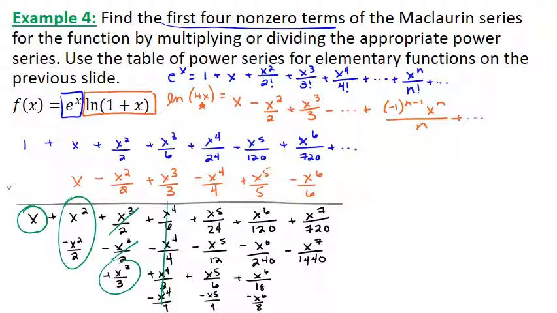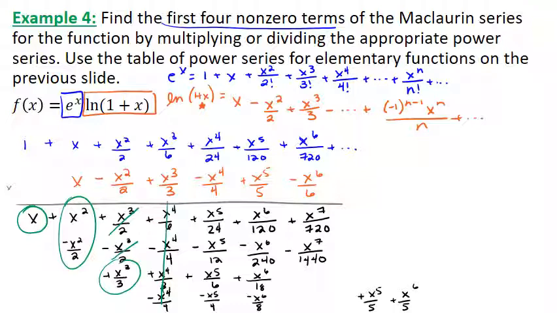Okay. I can keep going, but I will run out of room. And in fact, I think I should do a little bit more over here. So plus x to the 5th over 5 plus x to the 6th over 5.